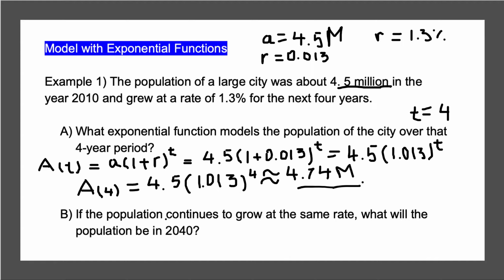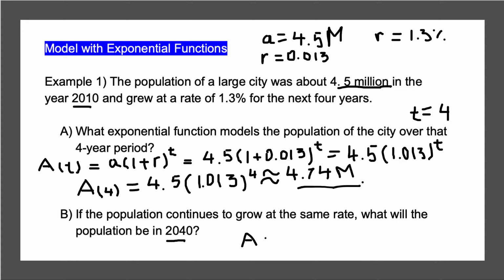Now, if the population continues to grow at the same rate, what will the population be in 2040? We use the same formula. The 4.5 million was the population in 2010, and until 2040 there are 30 years.